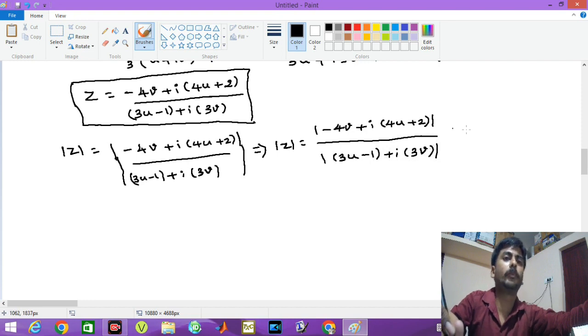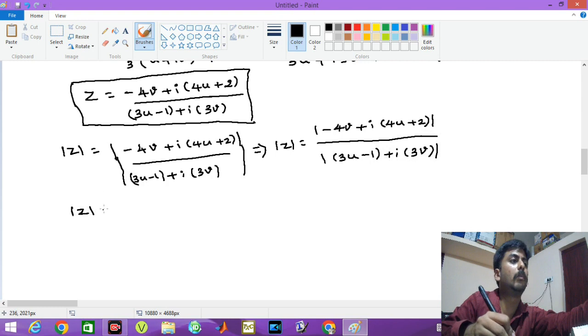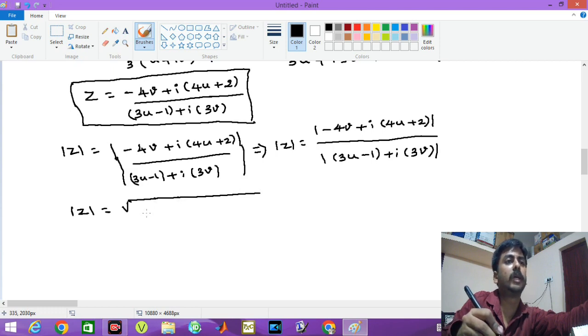So what will we get? We get modulus of z equal to square root of real part square plus imaginary part square.